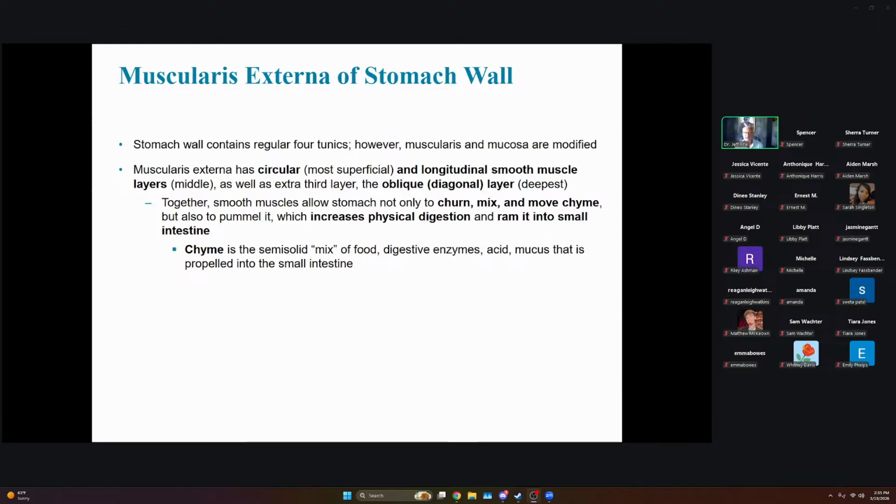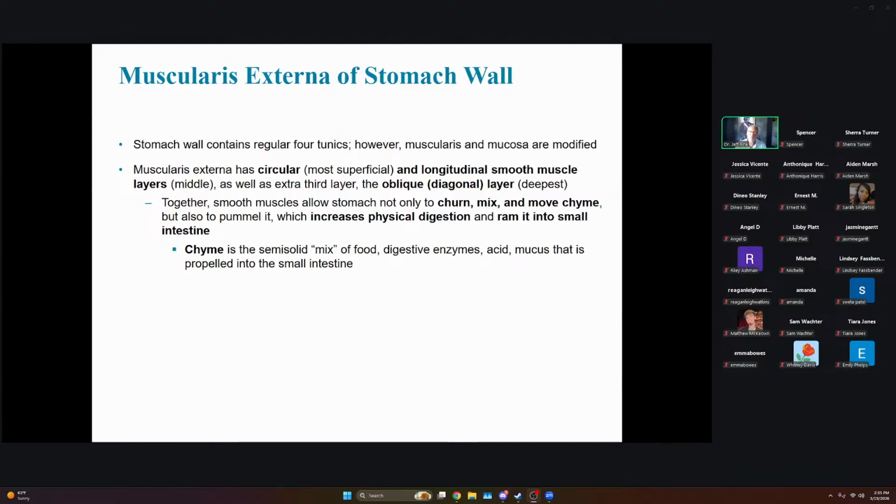This may not seem common sense-ish at all, but the stomach is the second most involved player when it comes to physical digestion of food. Of course, first is what we talked about at length last time, our oral cavity, where our teeth and our tongue and our salivary glands all come together and physically take food, a cheeseburger, and mash it down into a saliva-coated paste that's called bolus, right?